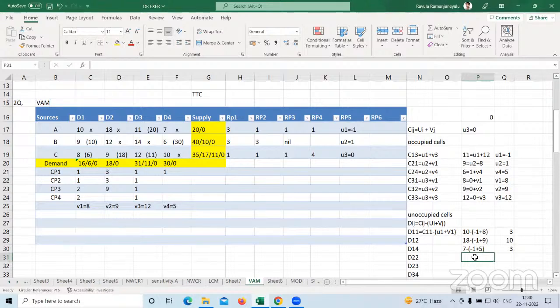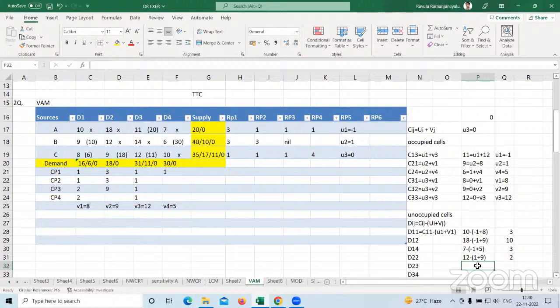Second row, second column, the cost is 12. 12 minus U2. U2 value is 1 plus V2. V2 value is 9. 1 plus 9 is nothing but 10. 12 minus 10, how much are you getting? 2.